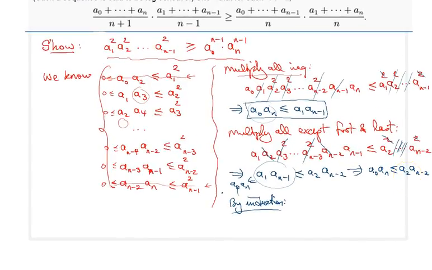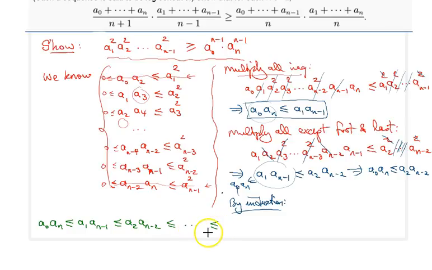So what I'm claiming now is, let me write it in green, for all i from 1 all the way to n, let's just use pure observation. Obviously we would see that a sub 0 a sub n will be less than or equal to a sub 1 a sub n minus 1, which is further less than or equal to a sub 2 a sub n minus 2, and so on.